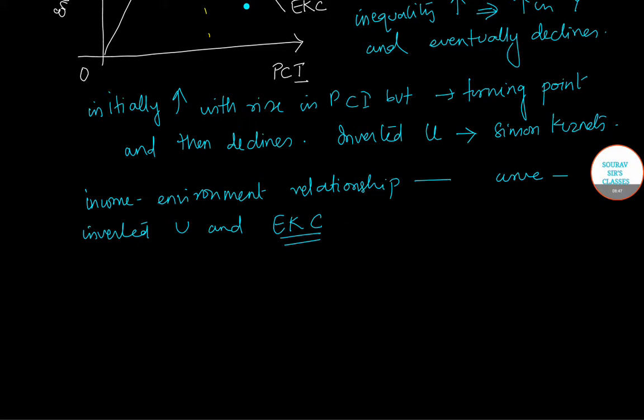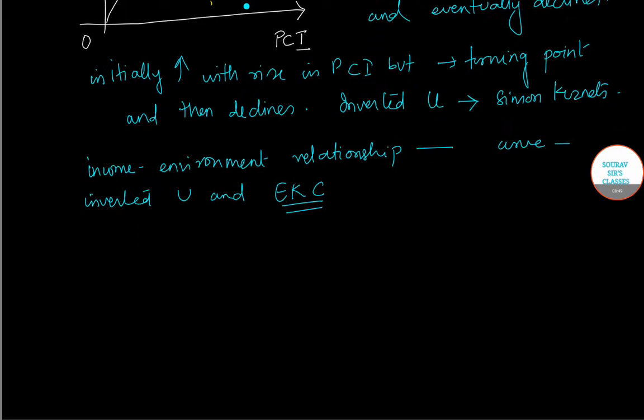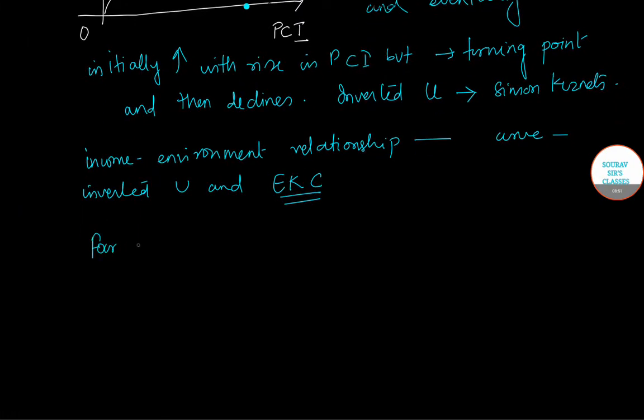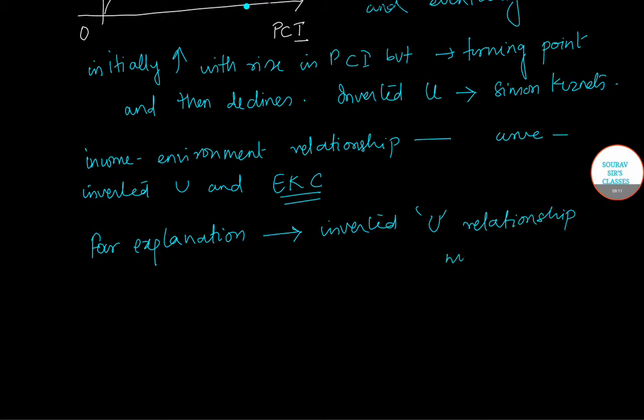Now, four explanations have been offered as to why this inverted U relationship might exist. These include, number 1, composition of output.